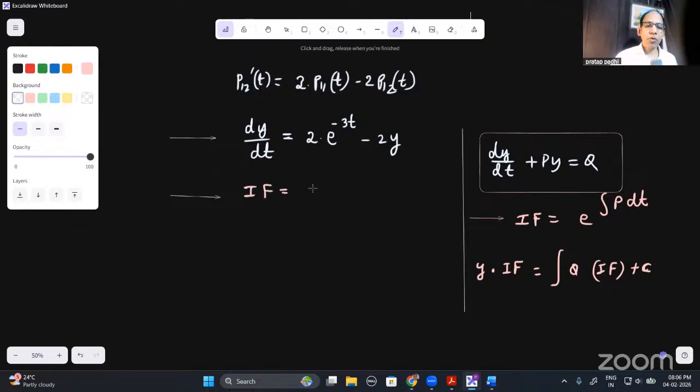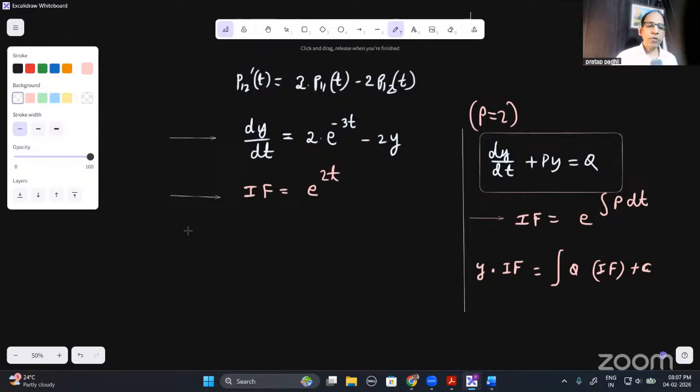IF will be equal to e power integration p dx. So in this form we have to write first of all. So I will take 2y to that side, and this one I will keep here. So my p will be equal to 2 here. So in my example, p is equal to 2. So p dt, that means 2 dt, will be equal to 2t.